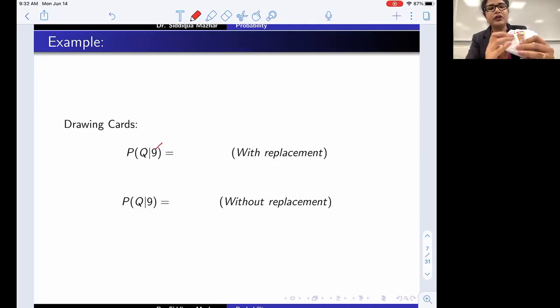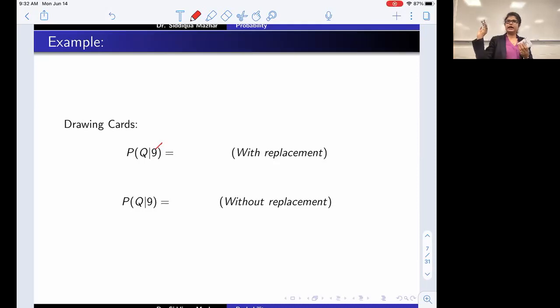So if I'm looking for 9, there will be 4 nines in the deck. How many nines do I have in the deck of cards? 4. The probability of finding 9 is 4 out of how many cards? 52. So 4 by 52.